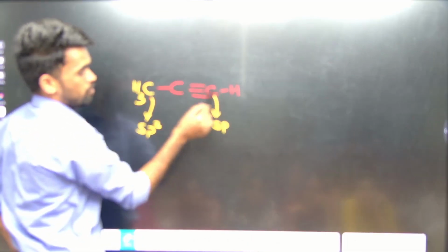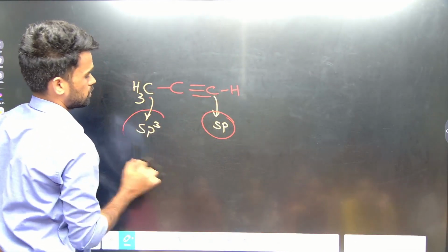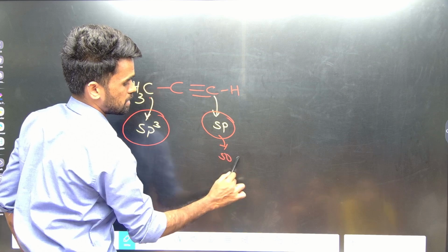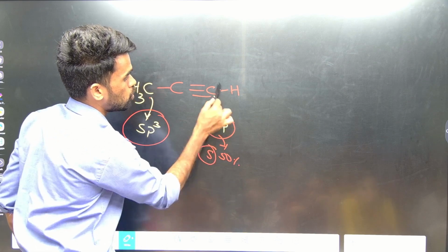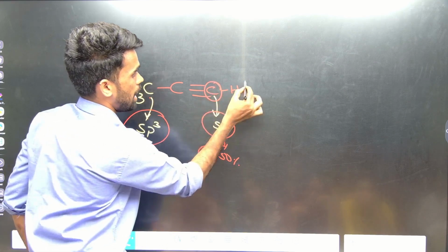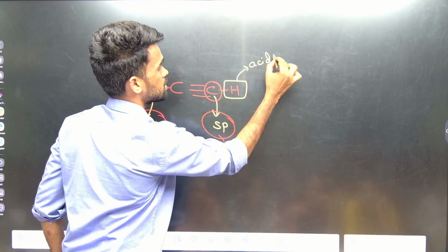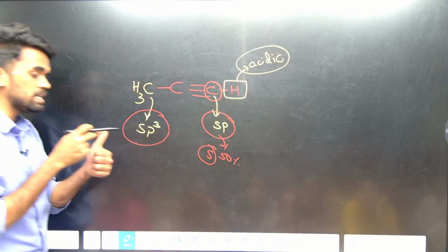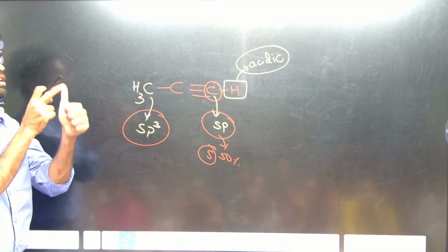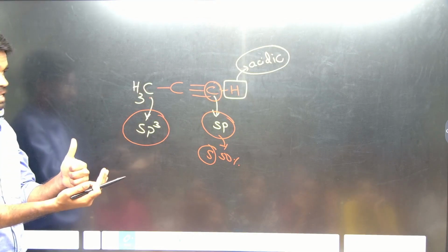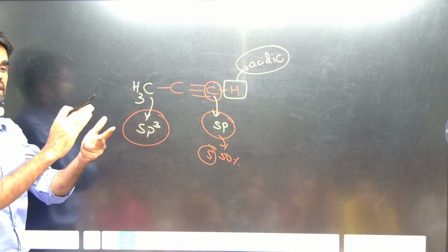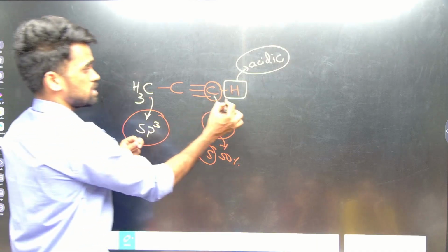Which has more s character? This is 50% s character. So due to the higher percentage of s character, the attached hydrogen is acidic. So alkyne directly attached hydrogens are more acidic than alkene hydrogens and alkane hydrogens.